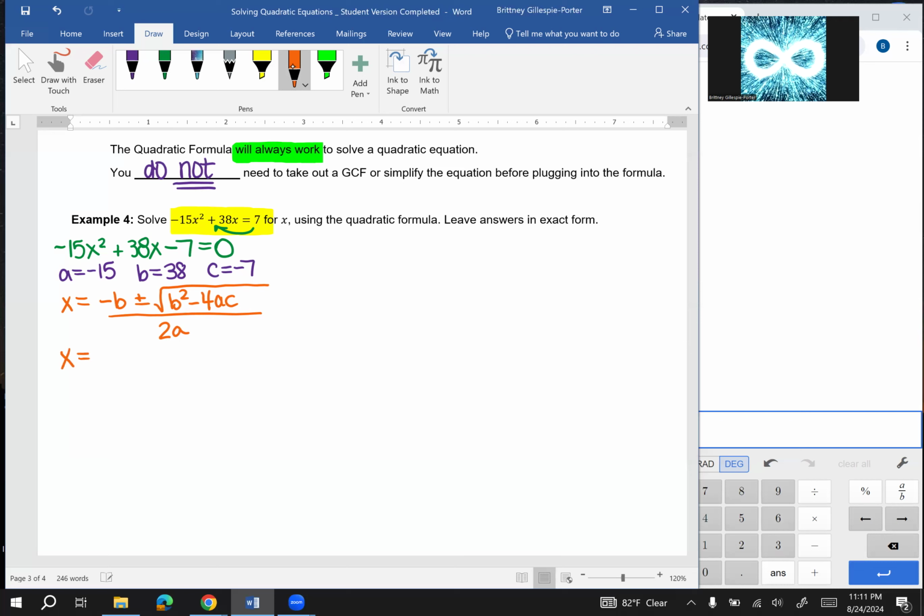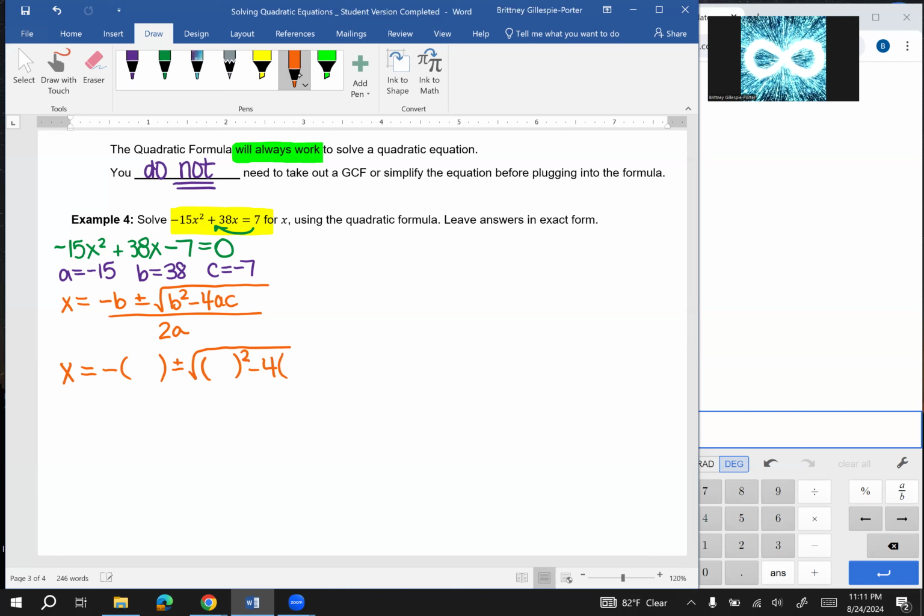There are certain things that will remain the same every single time you do the quadratic formula. Sorry, didn't give myself enough space. So if you're already writing it, it's okay. The negative in front of the b will always be there. The plus or minus square root of something squared will always be there.